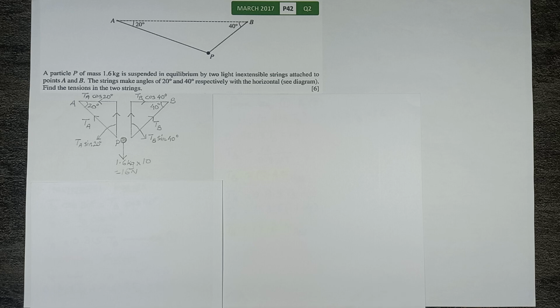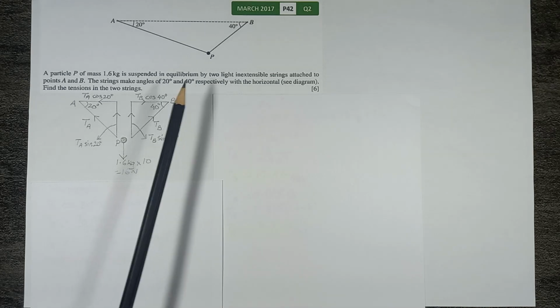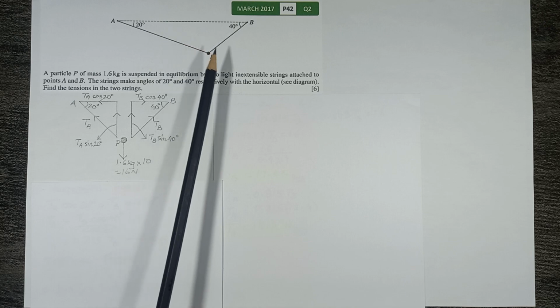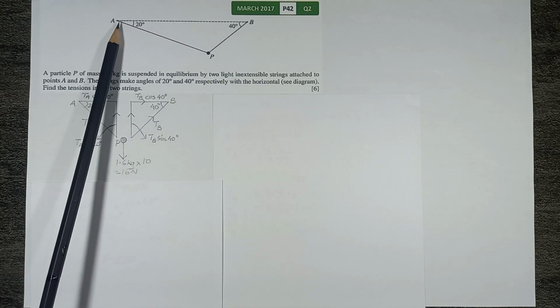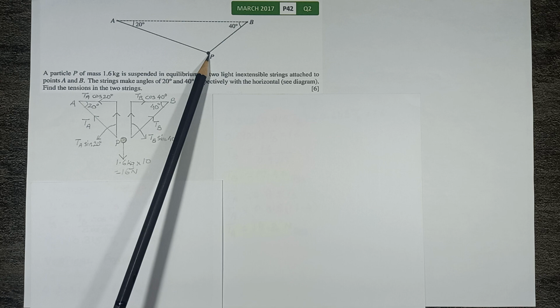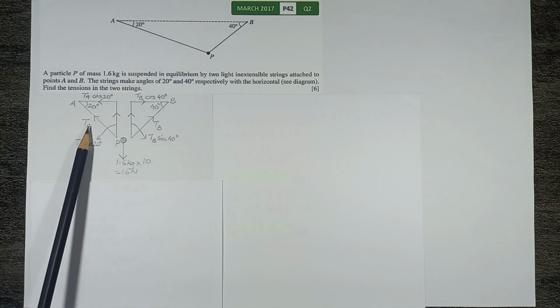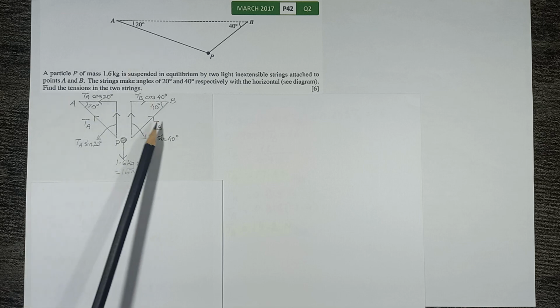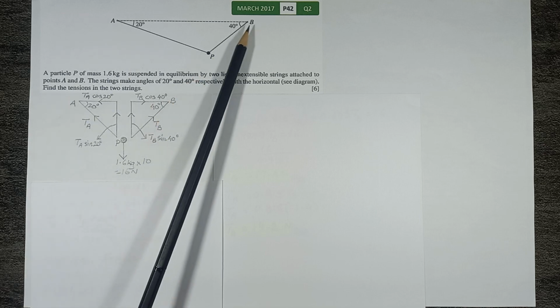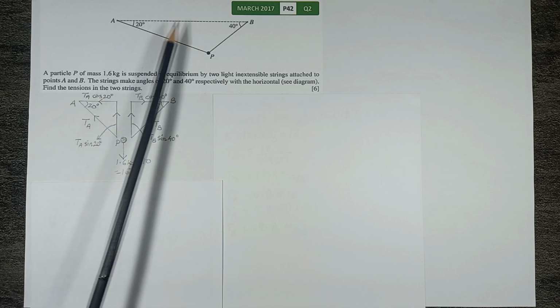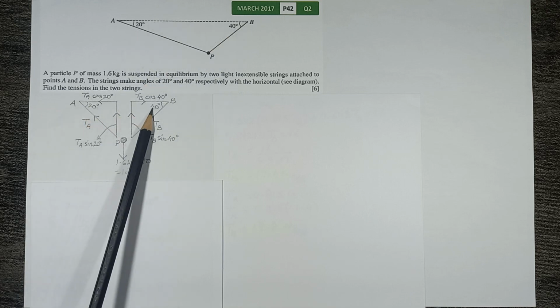Since the condition is equilibrium, I have split up the diagram into horizontal and vertical components. I have written the tension in A over here, because this is A, and the tension in B over here, and they make angles of 20 and 40 degrees.